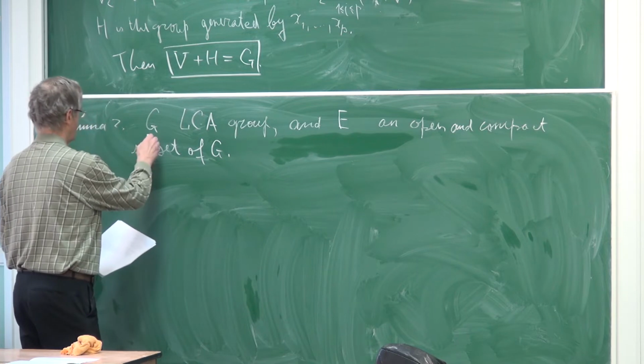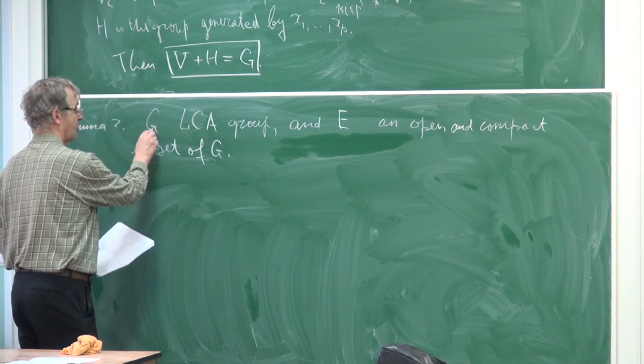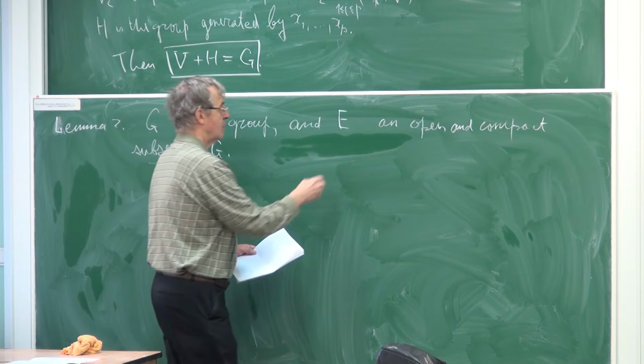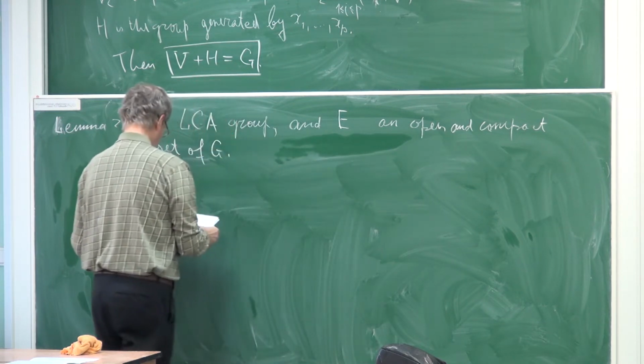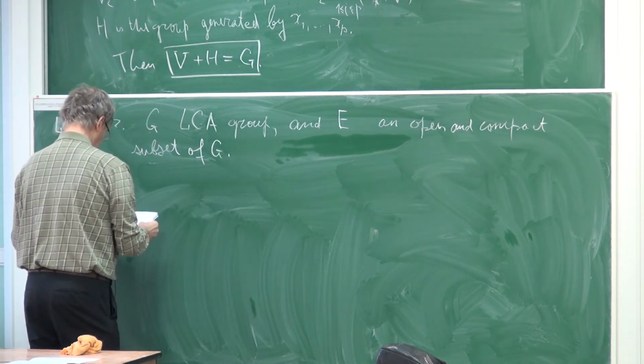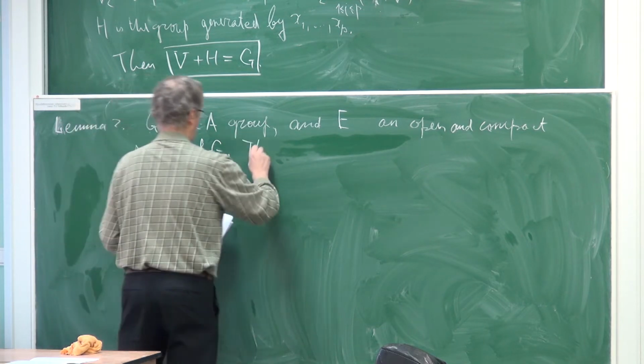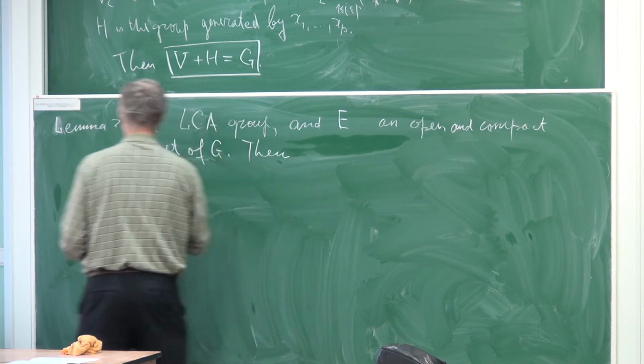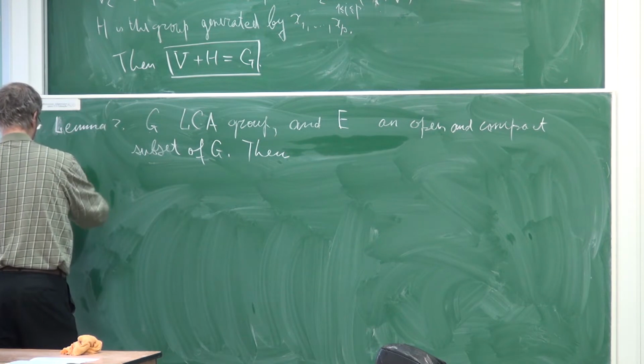Anyway, we have a locally compact abelian group G, and we have an open and compact subset E of G. Then the following properties hold.